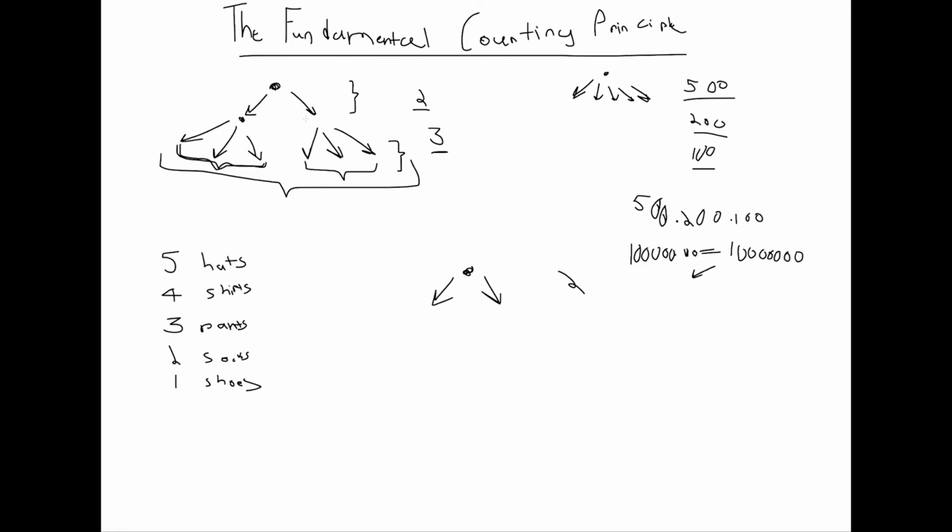So at first, you can take 2 different paths, and then for each path that you take, there are going to be another 3 paths that you can pick from. So there are going to be 3 paths if you take this path, and then there are going to be 3 paths if you take this path, and then you add them together. In other words, 2 times 3. And that works for bigger numbers as well.